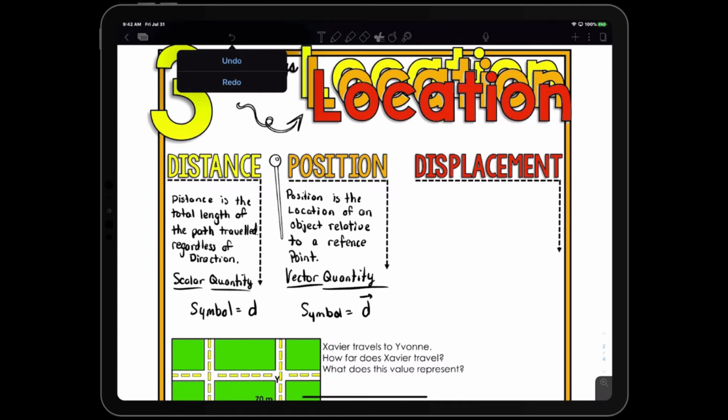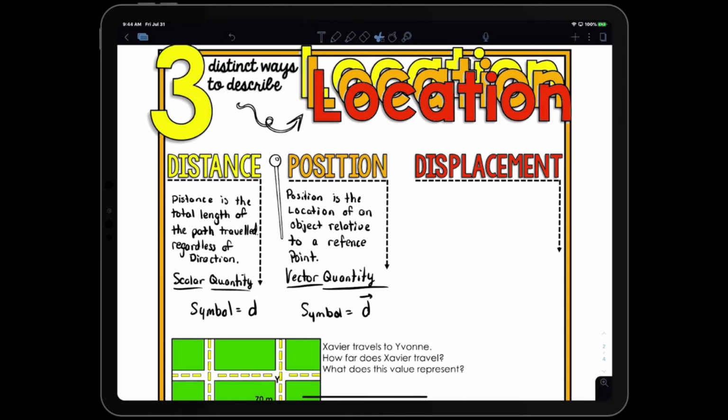So once you got into Mr. Hall's room, you would have a position that would be 15 feet to the west of where you started. Now, the symbol that we're going to use for this is just a D, but since we are indicating that this is a vector quantity, we're just going to put a little arrow on the top so that we know that we're talking about a directional change.